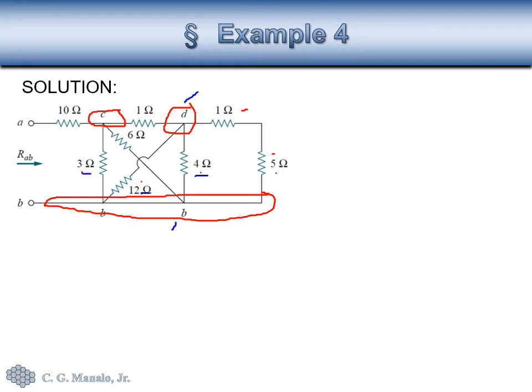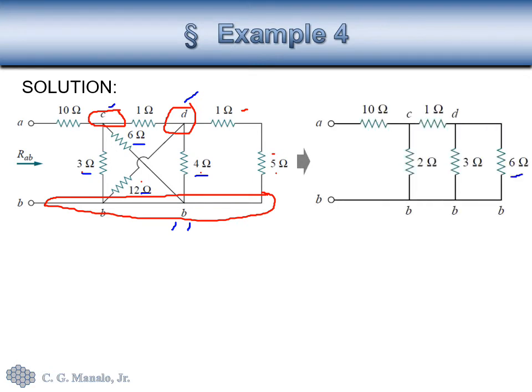Resistances 3 ohms and 6 ohms are also in parallel because they are connected to the same nodes, node C and node B, and therefore they can be combined as well. So that will give us a more compact circuit that would look like this.